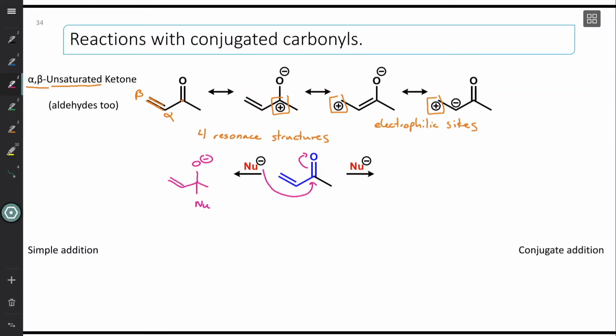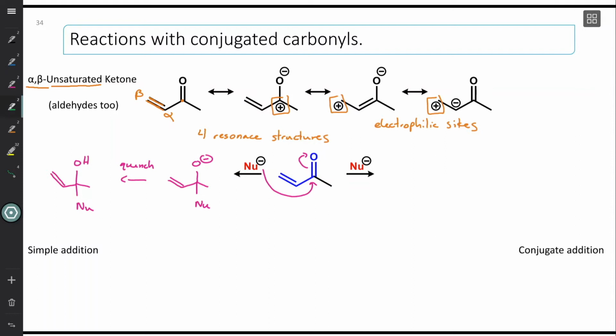Of course, in this case, it's a ketone, so that would be addition. And when you quench, you get your addition product, and the unsaturation remains unchanged.